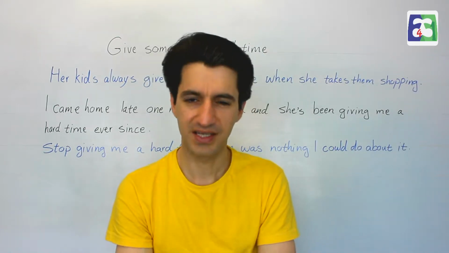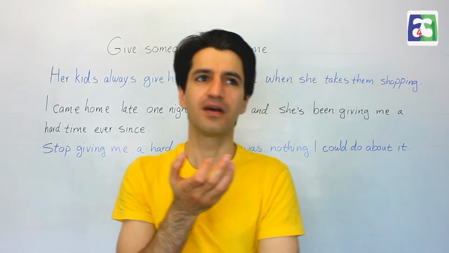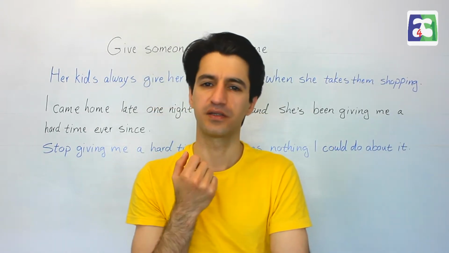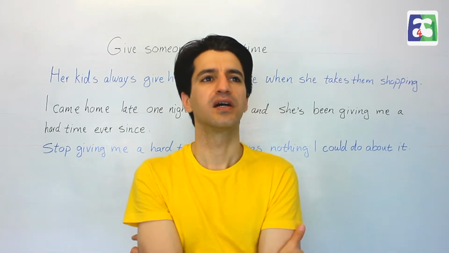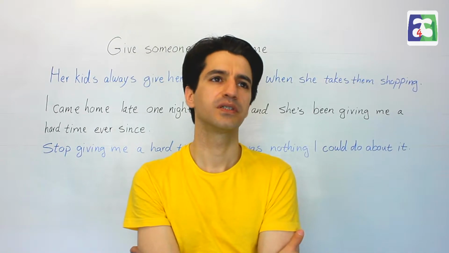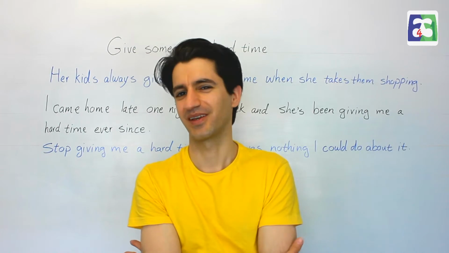To make someone feel bad because of what they have done by acting in a way to make them understand their mistake, or maybe nagging, maybe being nasty to them, anything like that.